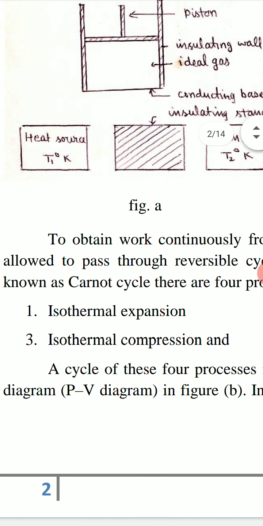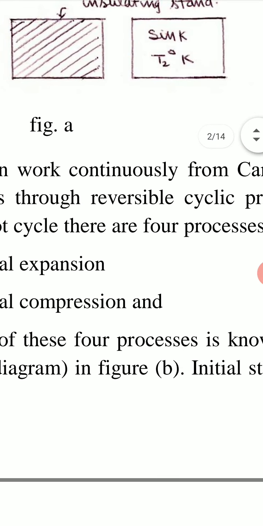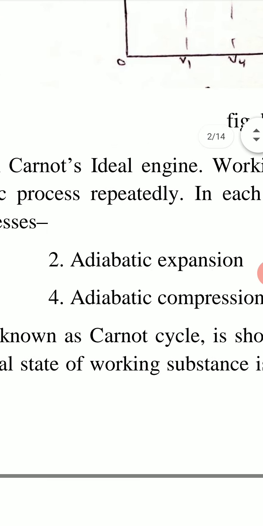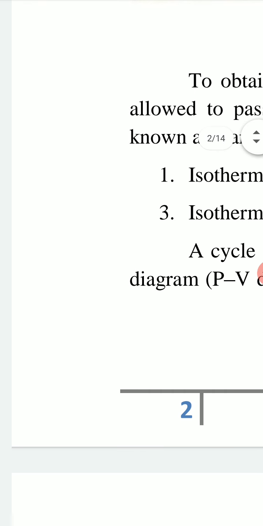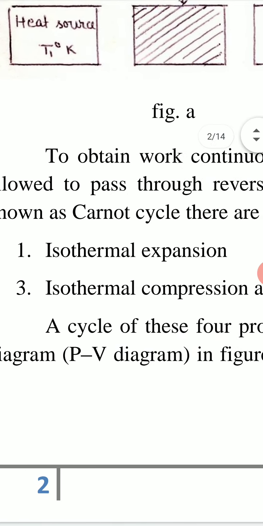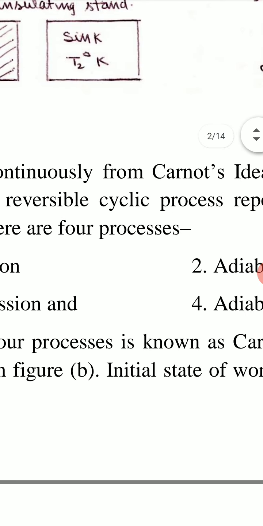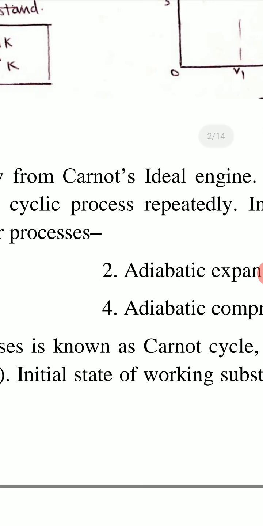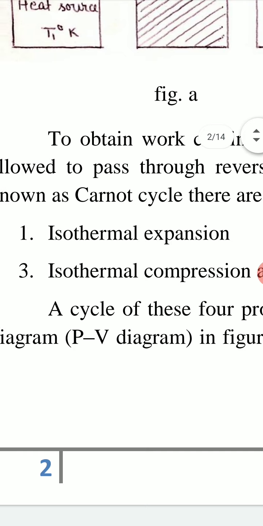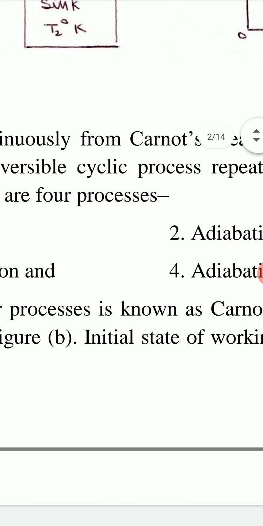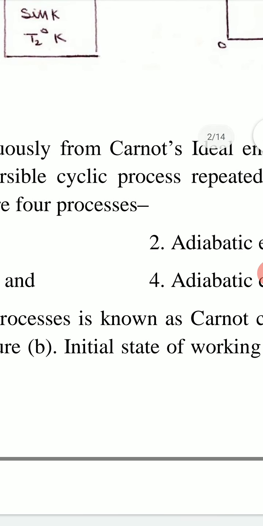To obtain work continuously from Carnot's ideal engine, working substance is allowed to pass through reversible cyclic process repeatedly. In each cycle, which is known as Carnot cycle, there are 4 processes.